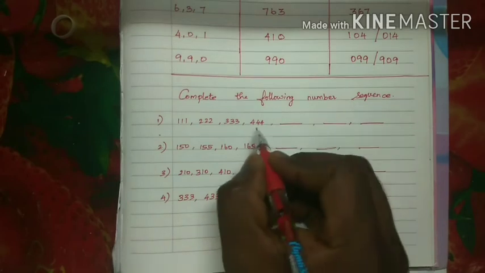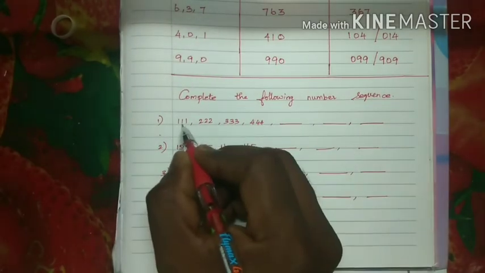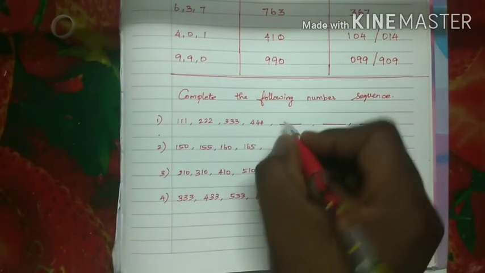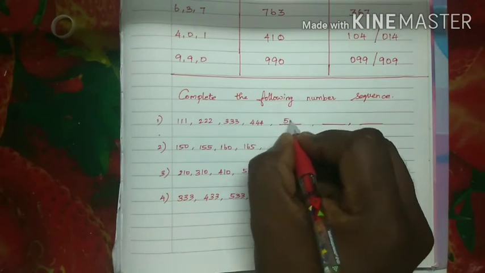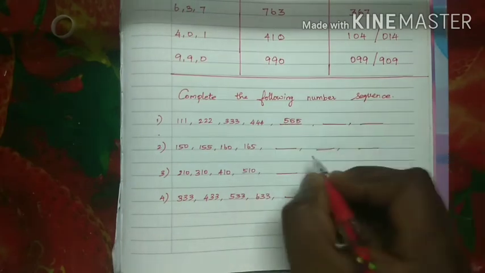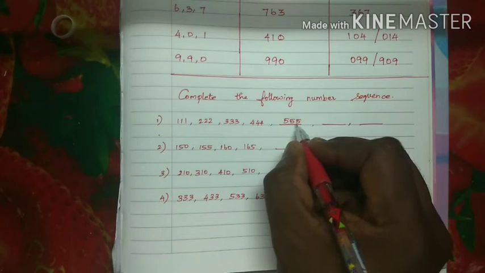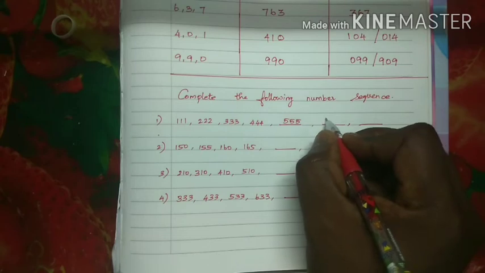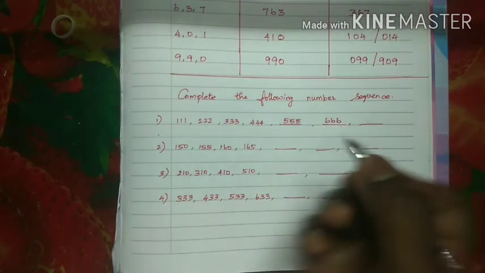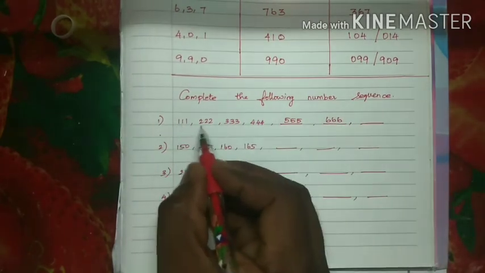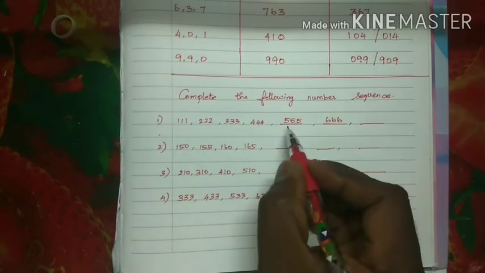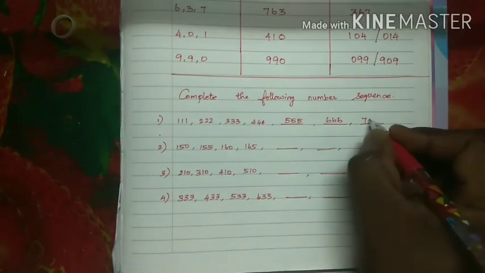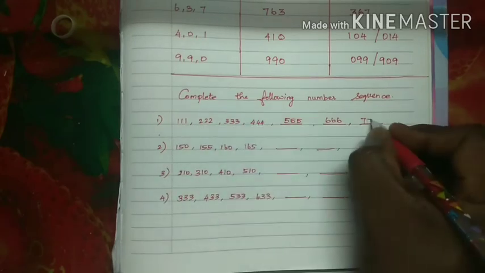Now 444 plus 111 is 555. 555 plus 111 is 666, or otherwise you can see 1, 2, 3, 4, 5, 6, 7, 7, 7.